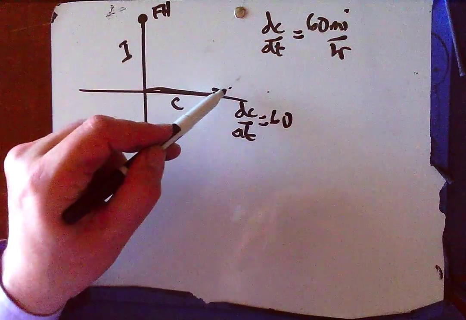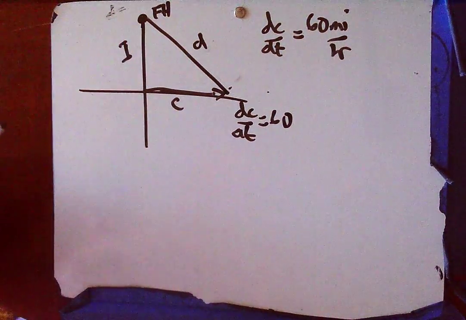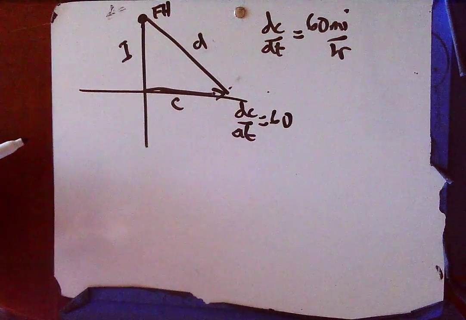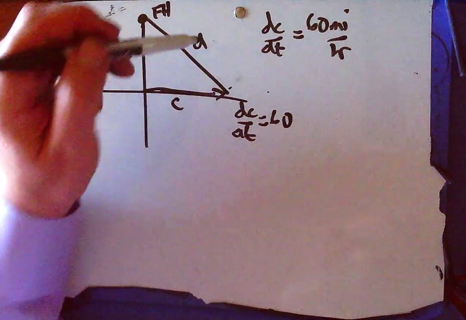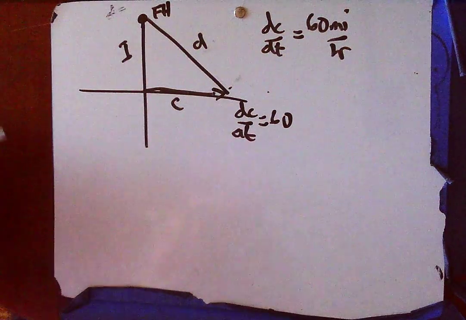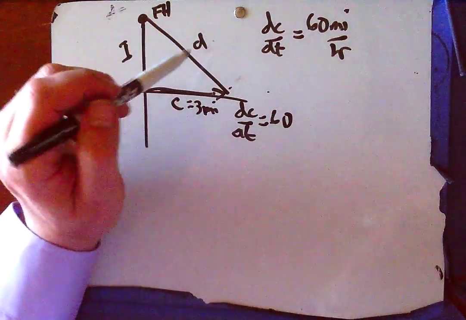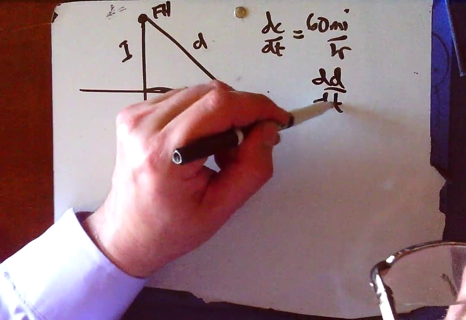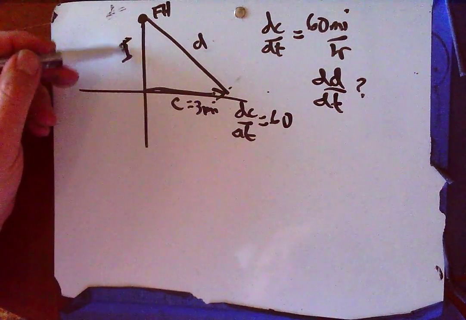And the distance between the farmhouse and the car, that's this distance. We're asked in part A how fast is the distance between these two changing when the car is 3 miles east, so c equals 3 miles, and we want dD/dt. This is a constant 1 mile, by the way.